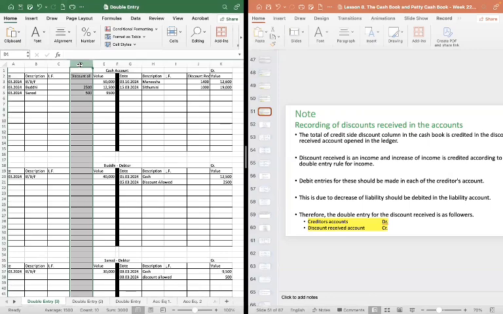With respect to discounts we have passed only a single entry. We adjusted the debtors account or creditors account. But we have not made and passed entries for the discounts received and discounts allowed ledger accounts. Okay, so let's work it out.